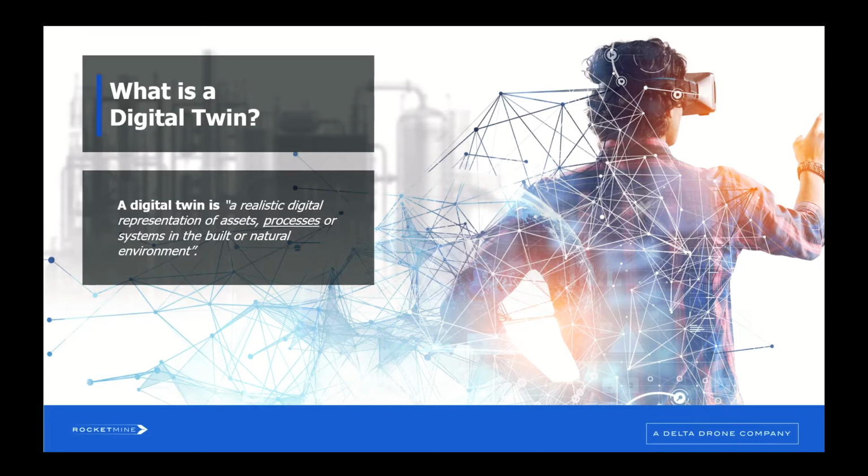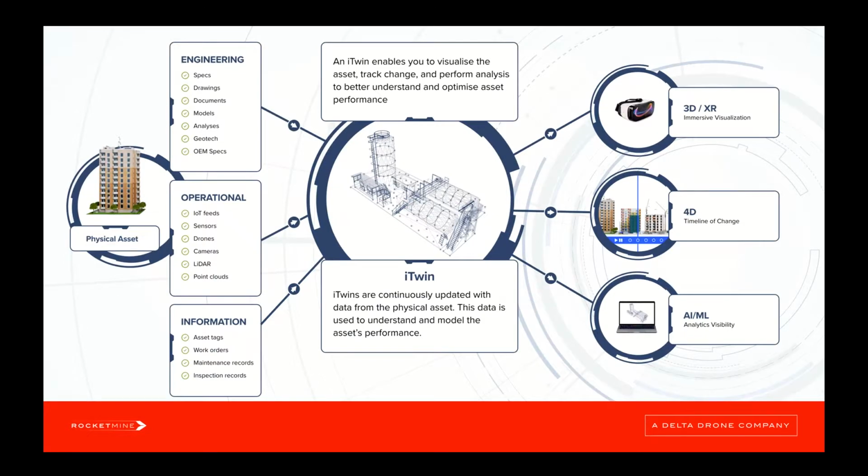So the baseline of what a digital twin is, in the middle there, is taking an asset, building the 3D model, but pulling in information that already exists in the engineering, operational, and information age.